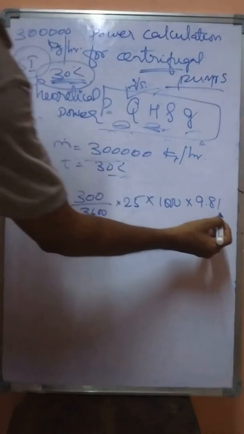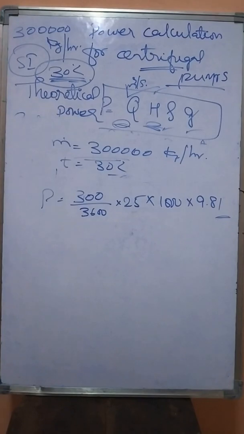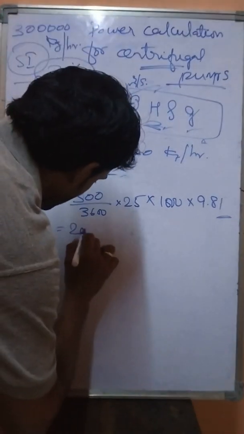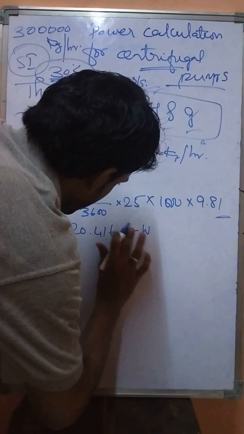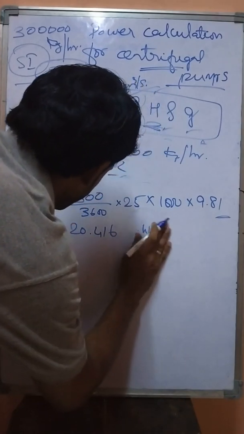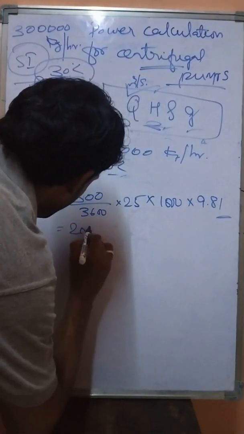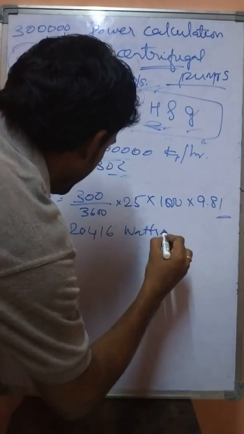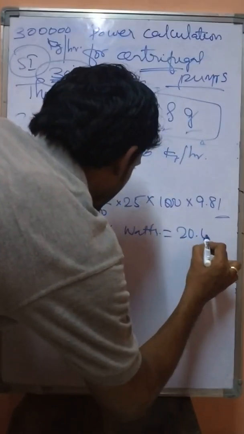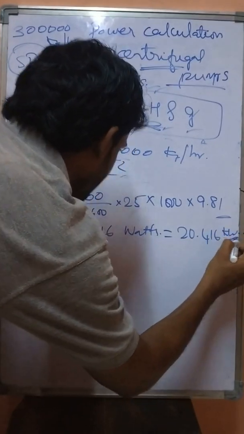This is the standard constant. So the final output will be 20.416 kilowatt. Sorry, actually this will come in watts. 20416 watts. So if you take it in kilowatts, it will be 20.416 kilowatt.